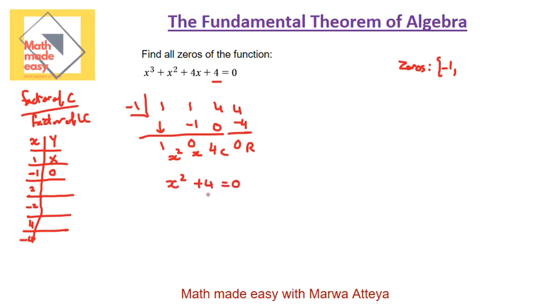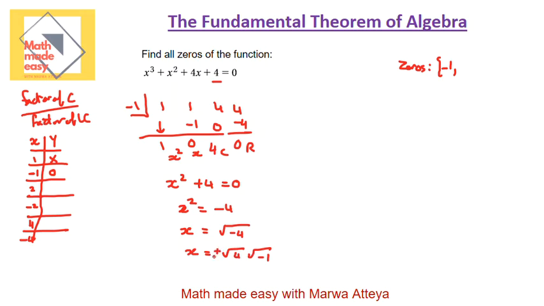Then I can actually factor this, or I can just solve it simply by saying that x squared is equal to -4, which means that x is equal to the square root of -4. Now, of course, this is going to be a complex number, so we will do some details in case you don't know how to solve this. You have the square root of 4 multiplied by the square root of -1.